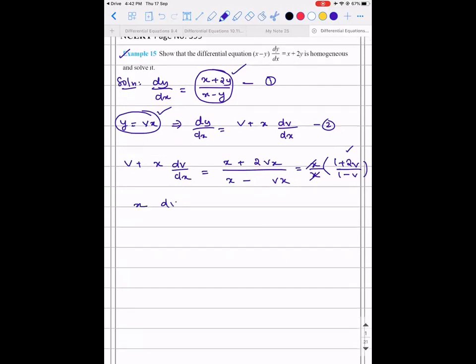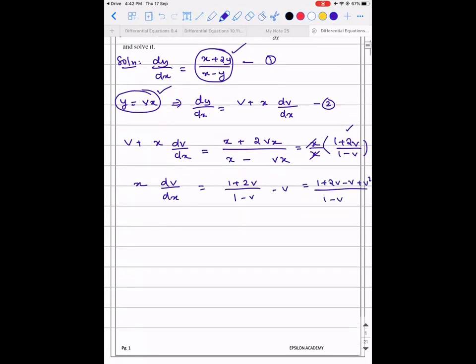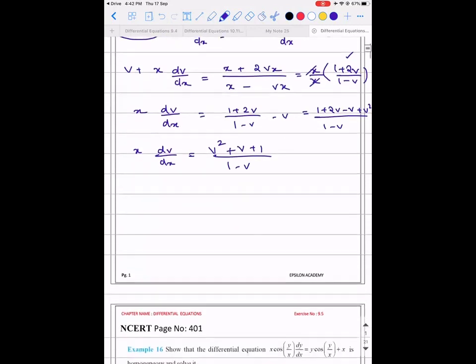So x into dv by dx is equal to 1 plus 2v by 1 minus v, minus v. So that will be 1 plus 2v minus v plus v square, the whole divided by 1 minus v. What will get cancelled? Nothing. So x into dv by dx will be equal to v square plus v plus 1, the whole divided by 1 minus v.